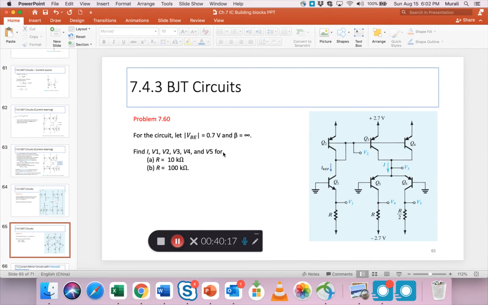Okay, all right, one last problem and we should be done with chapter 5. Chapter 7, I guess I'm going crazy. Here also we have a current steering circuit using BJTs.